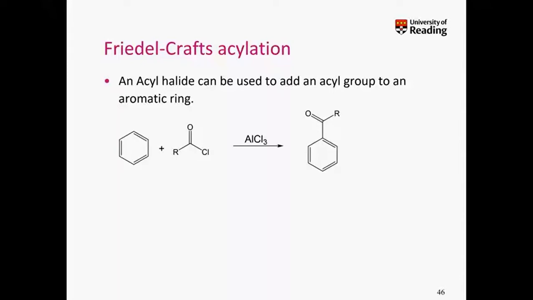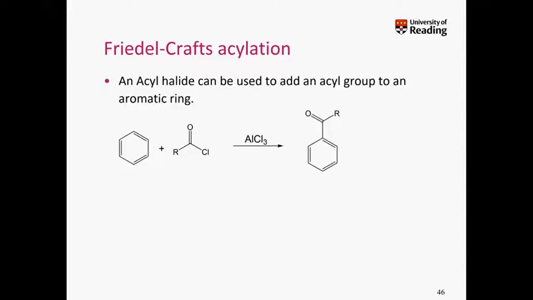So this is where we have an sp2 hybridized carbon atom in the middle of that carbonyl bond. If that doesn't make any sense to you today, it will by the time we finish tomorrow, because we're going to move on to carbonyls tomorrow. So if you're not sure, keep it in mind, have a look at it later. But what we can do is add that carbonyl group to the aromatic ring.